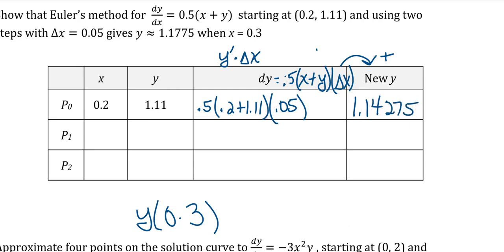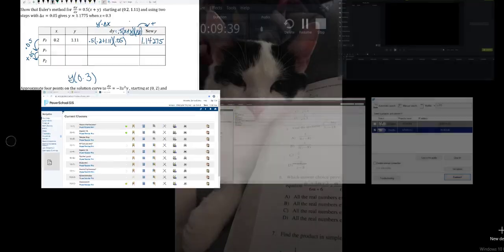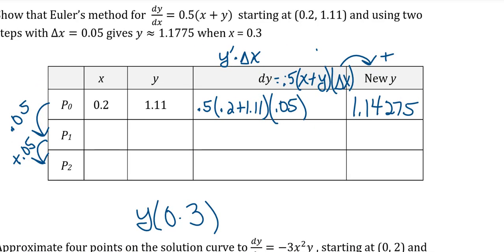So now our new x is going to be found by taking our previous x and adding our step. So each of these are going to get added 0.05. So this is 0.25.